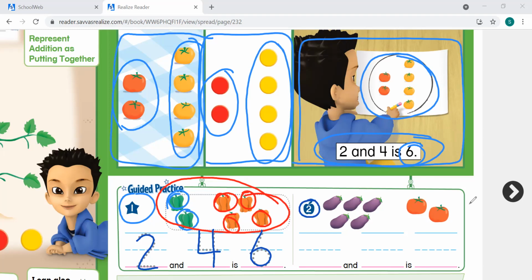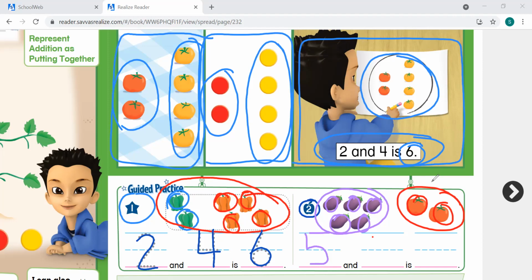Let's look over here at number 2. We have one group right here of eggplants. Let's put some counters on each one. 1, 2, 3, 4, 5. So one group of eggplants, and there are 5 in that first group. We have another group, and these are tomatoes. 1, 2.